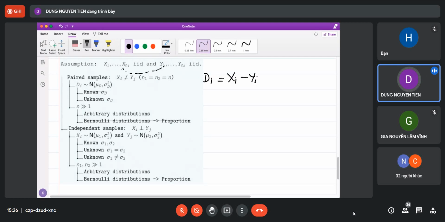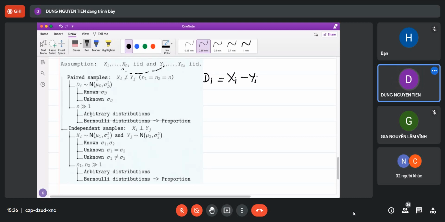Now we can assume that Di follows a normal distribution. All right, and sigma D is known or unknown.